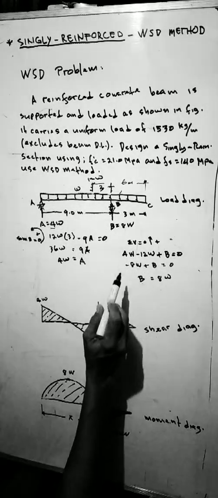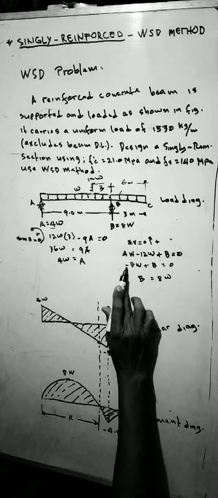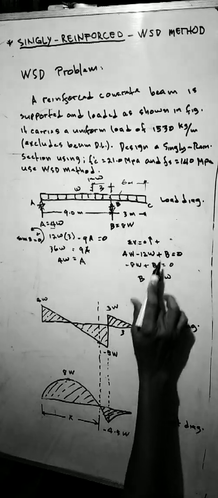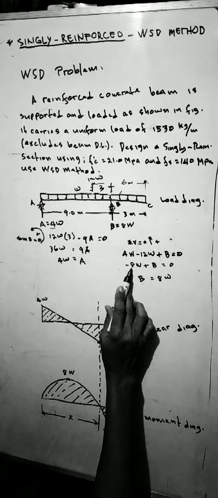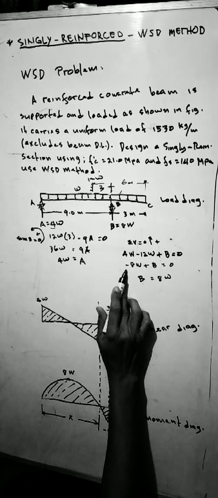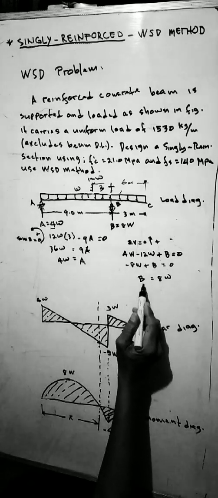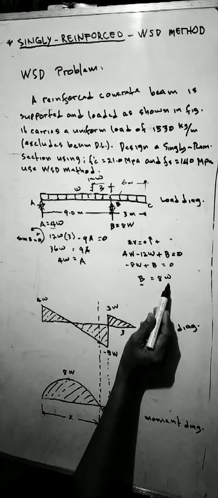Combining this, positive 4W, negative 12W become negative 8W plus B equals 0. Transferring the negative 8W to the other side of the equation, negative becomes positive. So B, the reaction, is 8W.